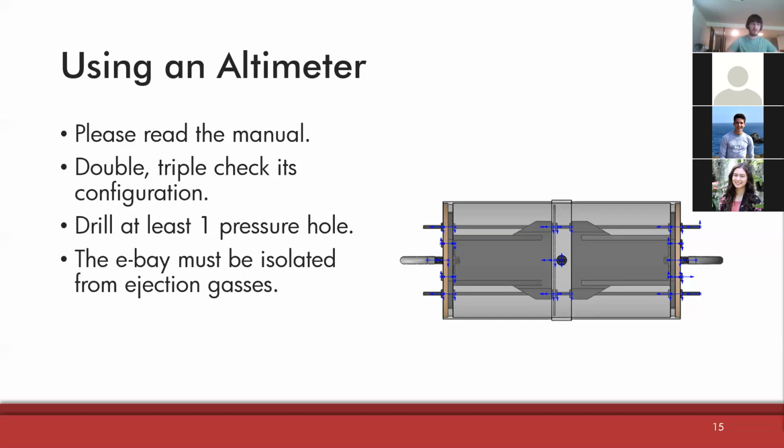Those flat surfaces provide a mounting point for all the altimeters and whatever batteries you need. And I think in general, this kind of design of an eBay using a sled that goes on threaded rails is probably the simplest way to design an eBay, and in my experience, the most common.